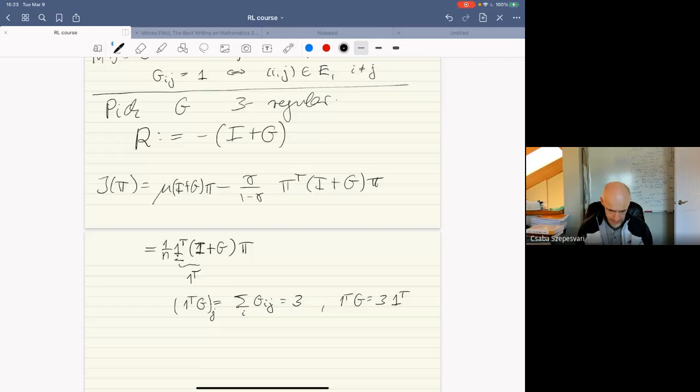We have 1 transpose from the identity, 3 times 1 transpose from G. Altogether, we have 4 times 1 transpose over N. And 1 transpose pi is just 1. So this very first part of it just simplifies to this constant.